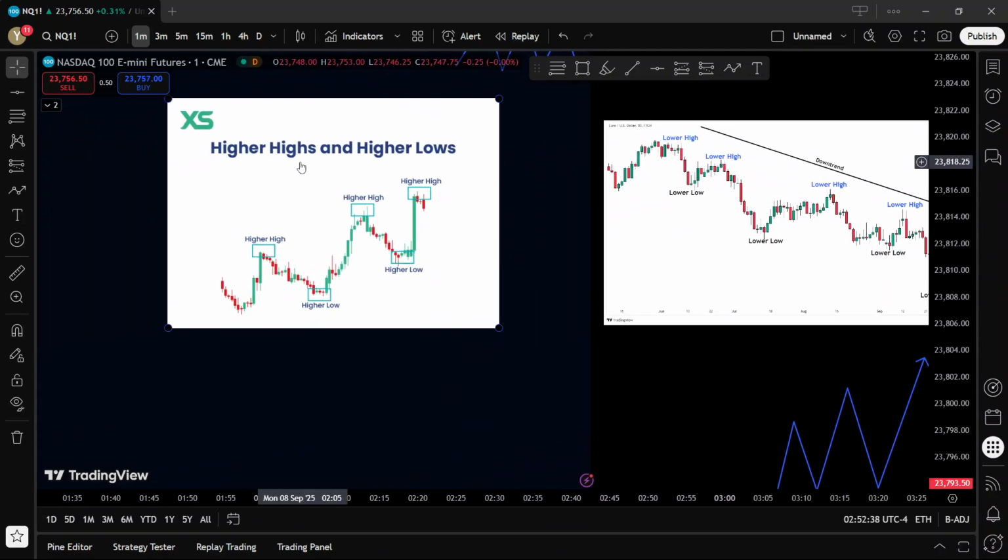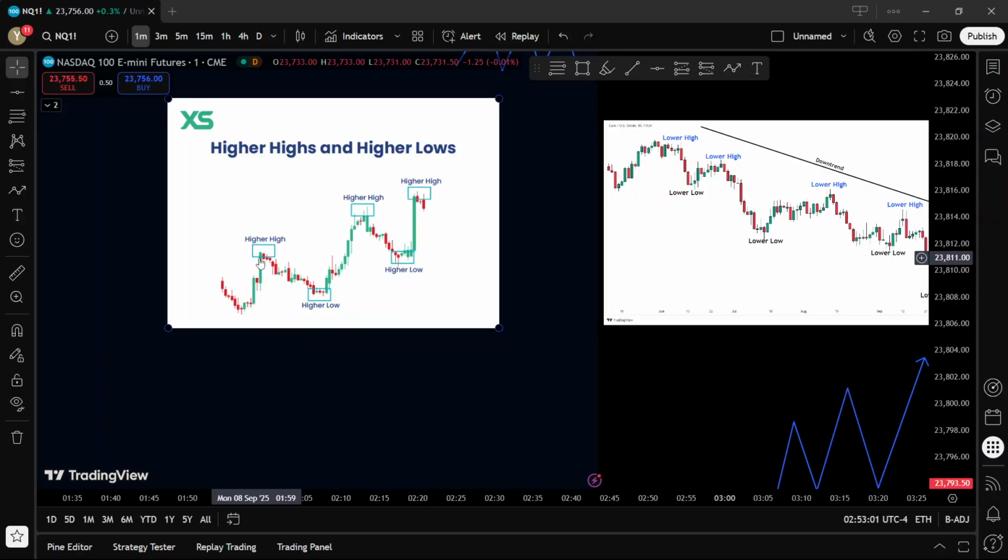So then you have these things called higher highs and higher lows. A higher high is the highest point that price went before making another higher low, which is the lowest point that price went before making a higher high, right? And then of course you have a higher low again, and then you have a higher high again, right?